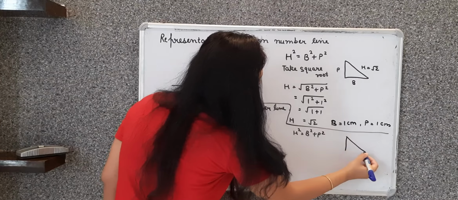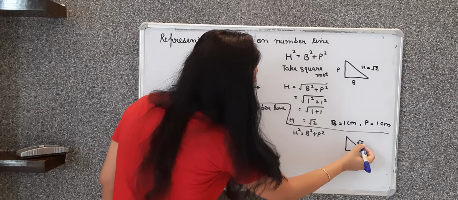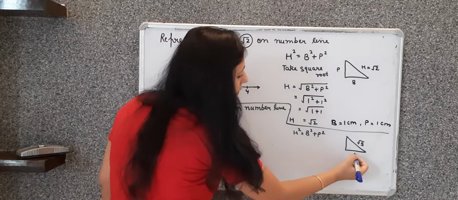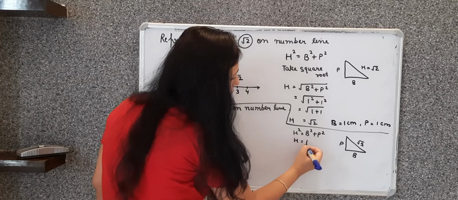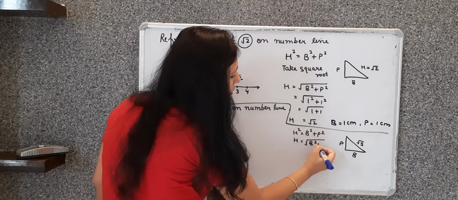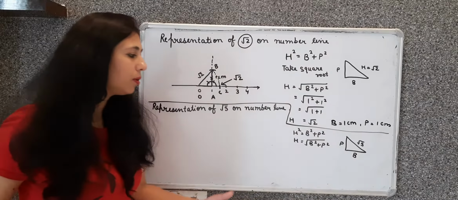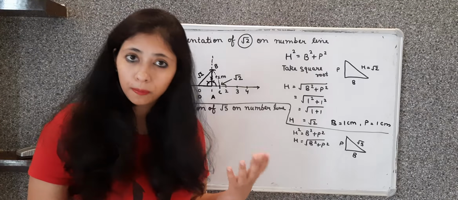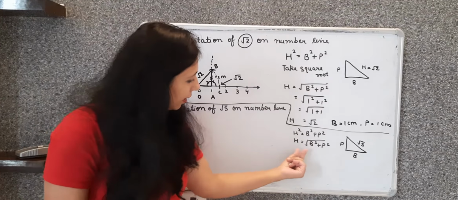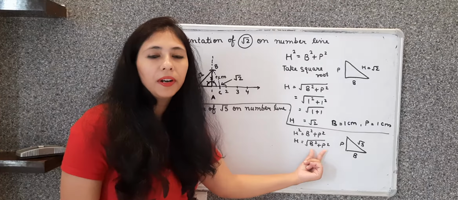Now I want my hypotenuse as root 5. So accordingly I need to choose b and p. Hypotenuse is the root of b square plus p square. Now we need to think about what values I'll take for b and p, so that after solving I'll get the number as 5.